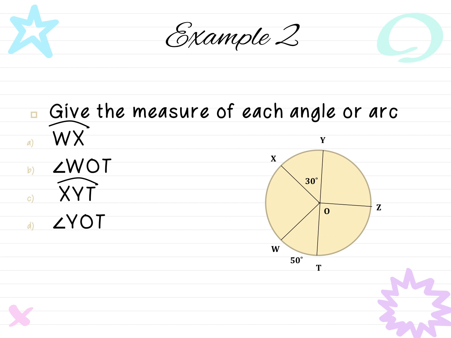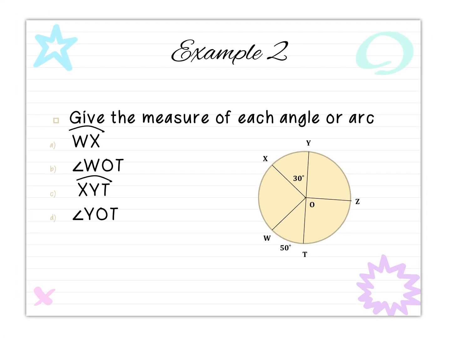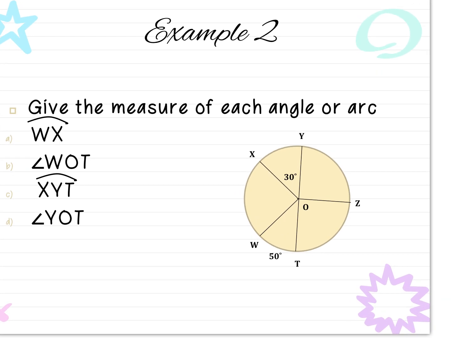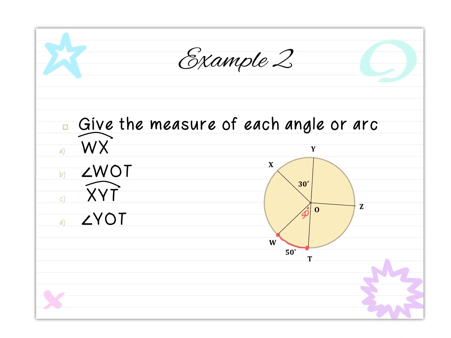Last question here, let's just keep answering some questions about these arcs and utilize some of the things that we've learned. The first thing it says is give the measure of each angle or arc. This is just how I do my math, and you can do it differently, but I know that arc WT is equal to 50 degrees, which means the central angle is also 50.